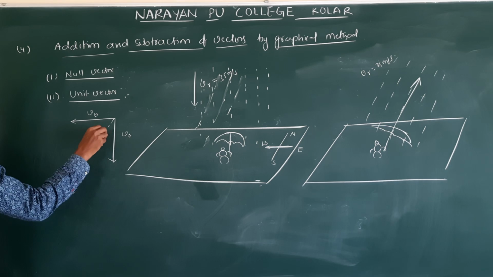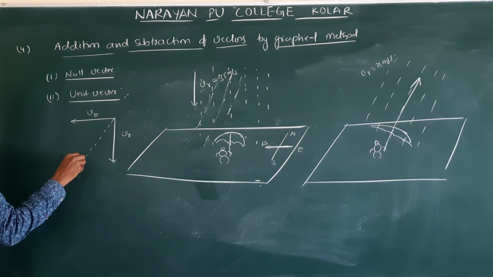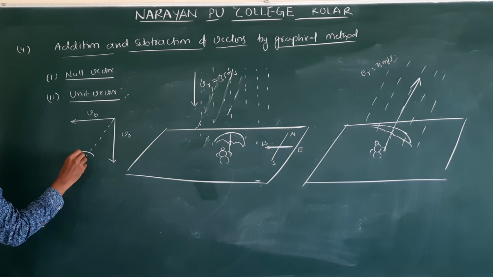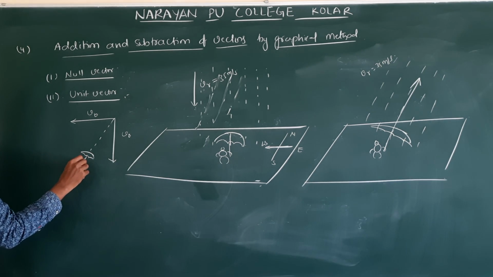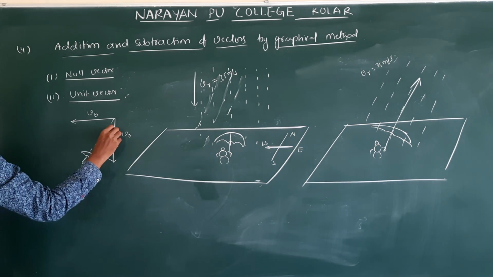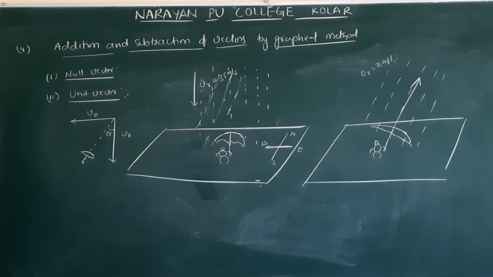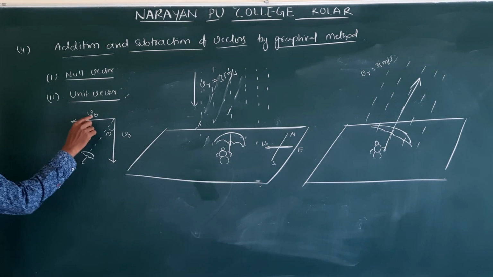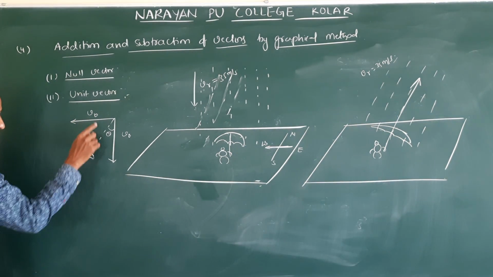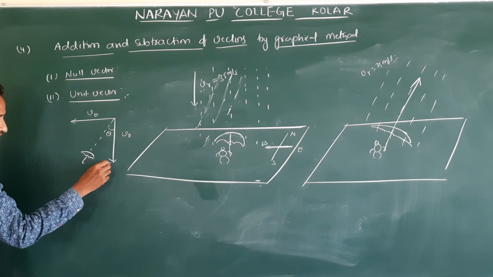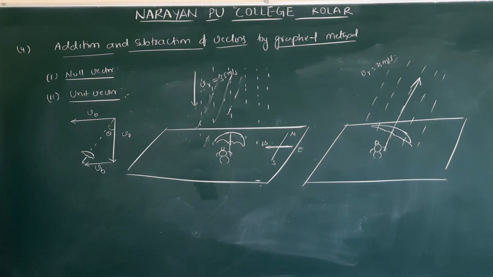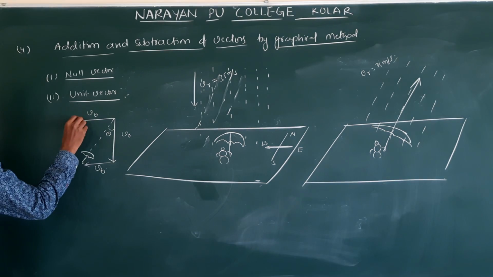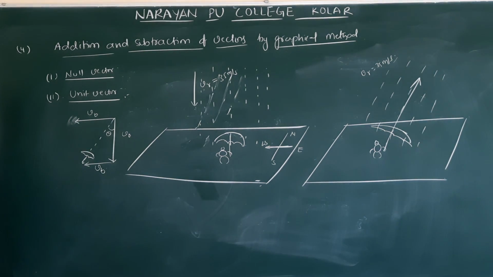Finally, rain comes in this direction. That is the figure. He has to hold the umbrella like this. Am I correct? This is the angle theta. Slide this vector. Slide this vector. This is Vb, the sliding vector. There is no effect on magnitude and direction.